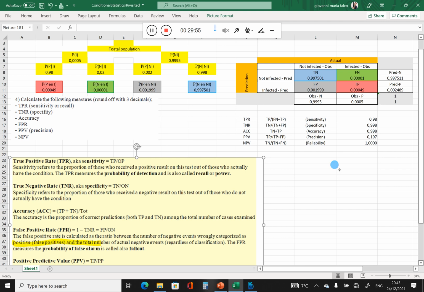But actually, if you look at the technical definition of the precision of a diagnostic test, then we see that the fact that the precision as a measure is low has no consequences, while the sensitivity is the most important parameter that we have to consider.